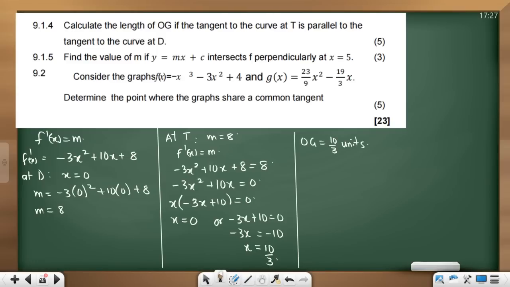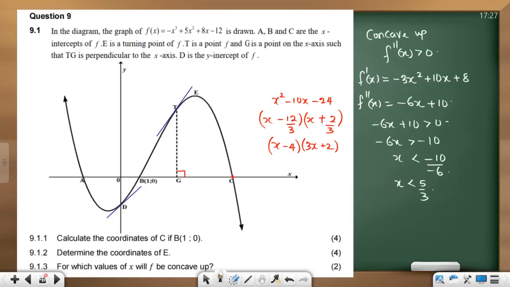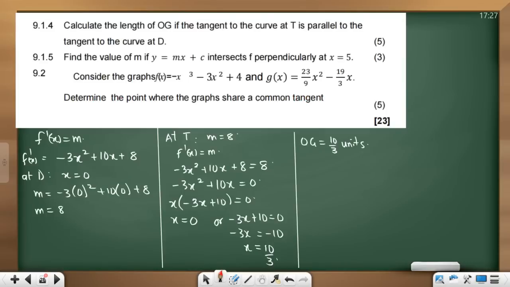Why? I have my x value there. We are saying this point is 10 over 3. 3.333. Lovely, beautiful question.